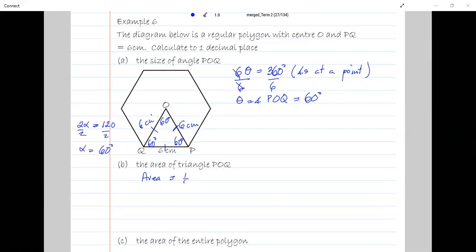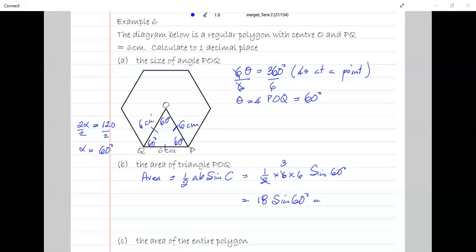So the area of triangle POQ would be equal to a half AB sine C. It would be a half times 6 times 6, the sine of 60 degrees. Half of 6 times 6 is 18 sine 60 degrees. If you put that in a calculator, you're going to have to press 18, then press sine.